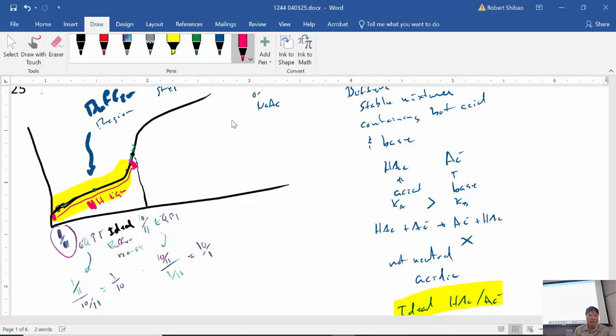However, when I get very close to the end, I have so little of one component that I shouldn't use Henderson-Hasselbalch, because it will fail when the concentration becomes so low. So in this green region at the very extremes, I would have to use ICE.